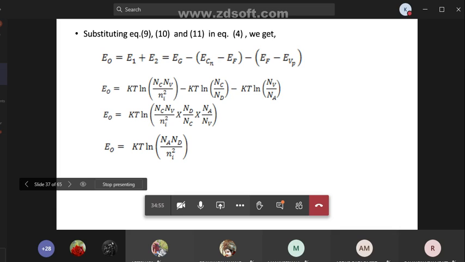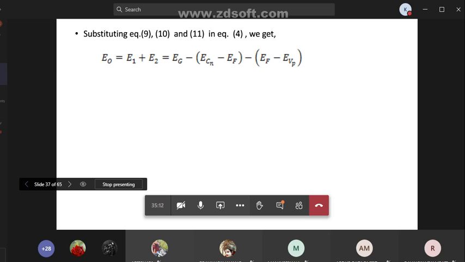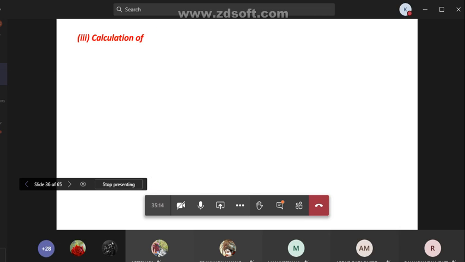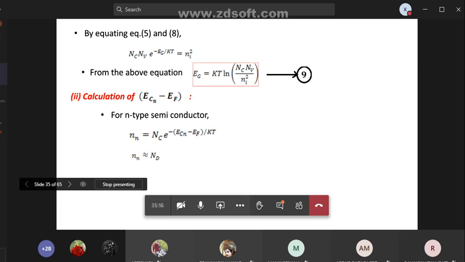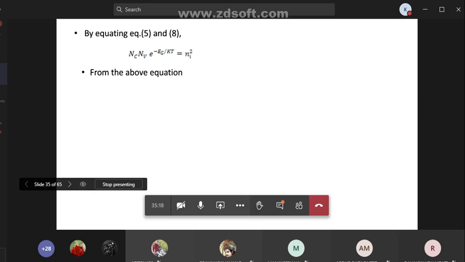So after solving, we get E0 equal to KT ln of NA ND by NI square. Okay. So just check the diagram, what we have calculated.